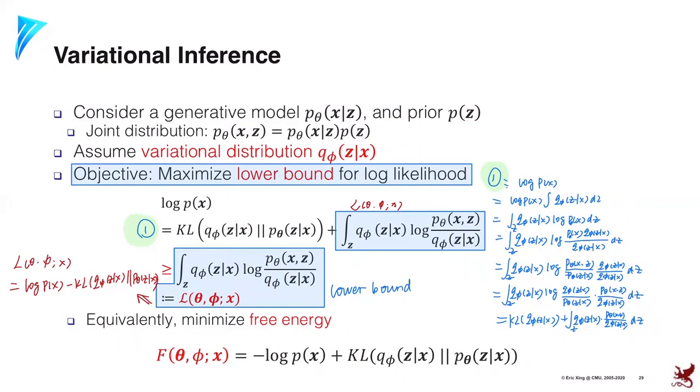Our objective would be to maximize the lower bound of the log likelihood. Then we can have these formulas, and here are the mathematical details. Finally, we can see that the objective is equivalent to minimizing the free energy, which is this formula.